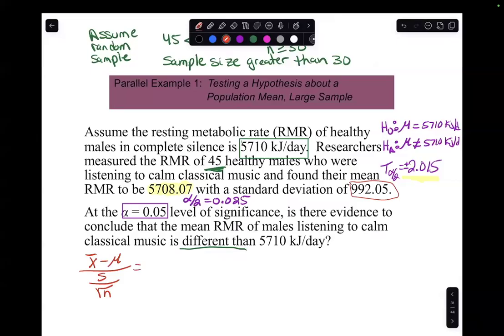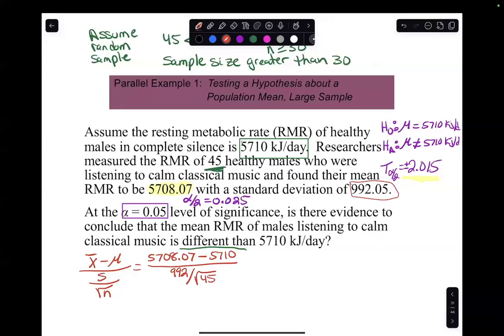So it's going to look like this: x bar, 5708.07, minus 5710, over 992 divided by the square root of 45.